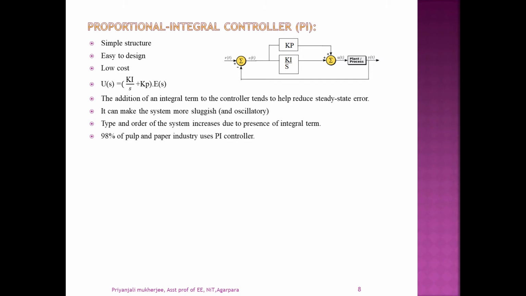And using a PI controller can make the system more sluggish and oscillatory. And the type and the order of the system increase due to the presence of this integral term. So this is the proportional and integral controller, where the transfer function becomes Kp plus Ki by s.